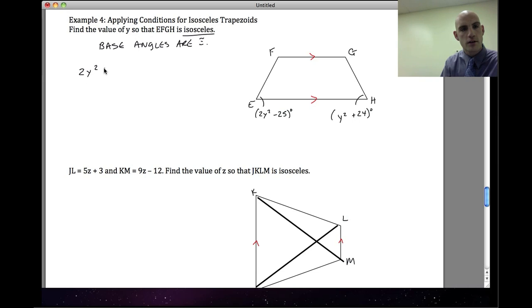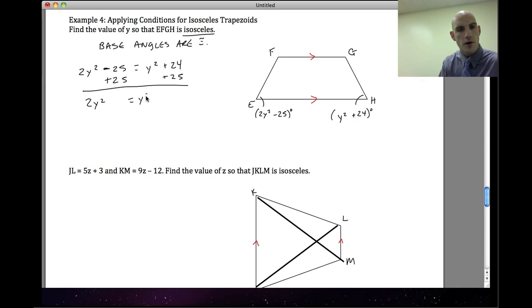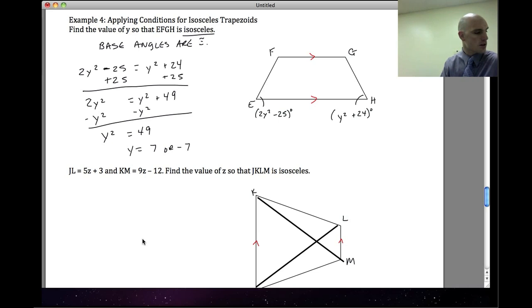So 2y squared minus 25 is equal to y squared plus 24. Okay? Base angles are congruent. So I'm going to add 25 here. I have 2y squared is equal to y squared plus 49. I'll subtract y squared. I have y squared is equal to 49. So y is 7 or negative 7. Okay? So that's how this works.